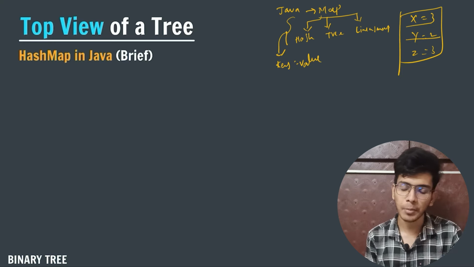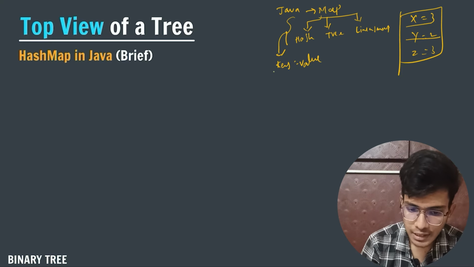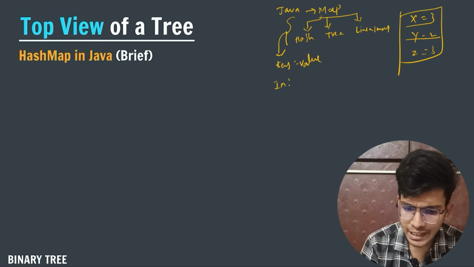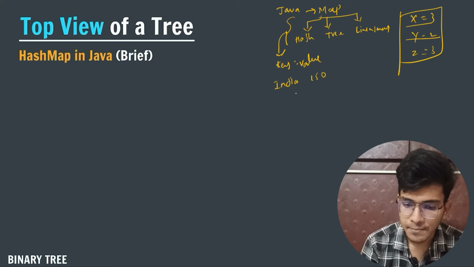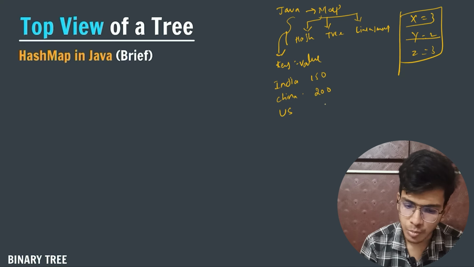Okay, and the best example I can think of right now is countries and their population. Let's say I have India, and India's population here is 150, and China's population is something like 200, and after that US population is something like 50, right?